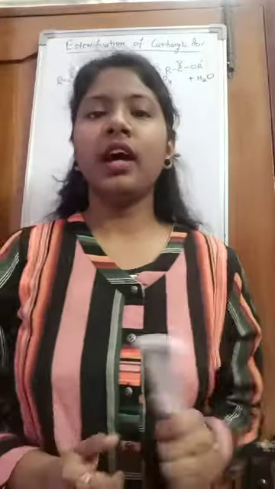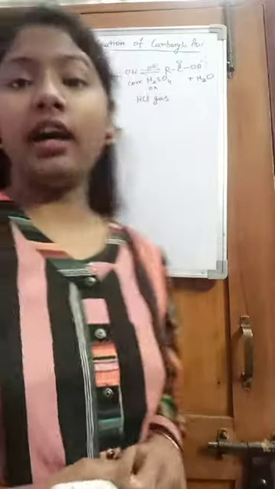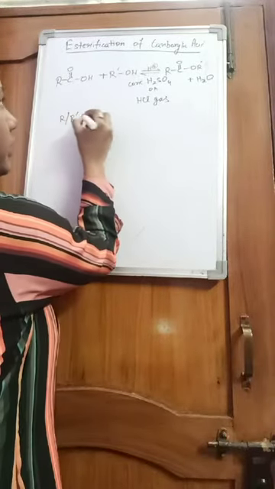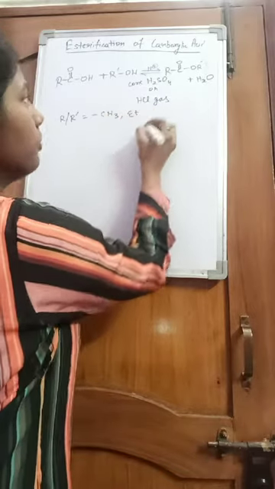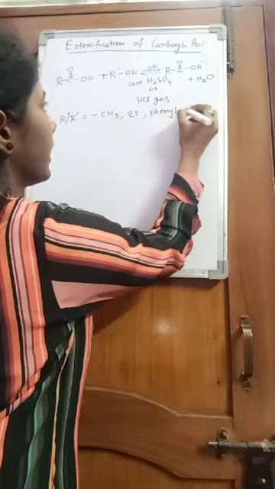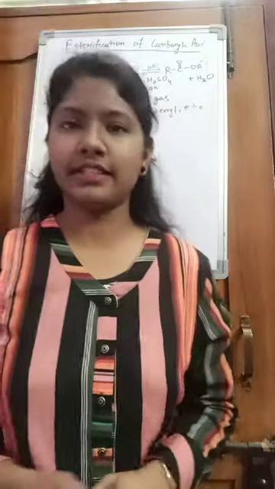So a carboxylic acid and alcohol give an ester plus water as the product. Here R and R dash can be a methyl group, an ethyl group, or phenyl groups as well.